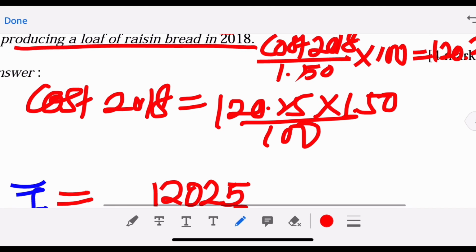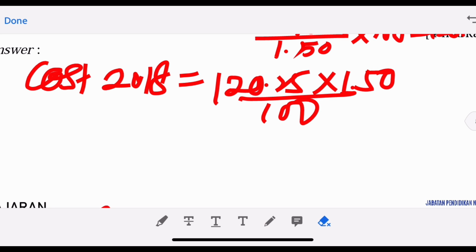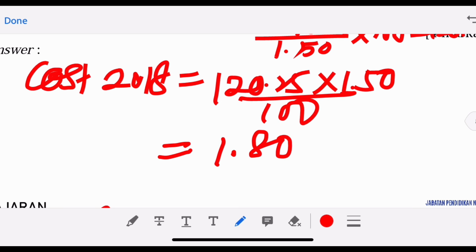If we calculate 120.25 times RM1.50 divided by 100, we will get 1.8042, so we consider it RM1.80.